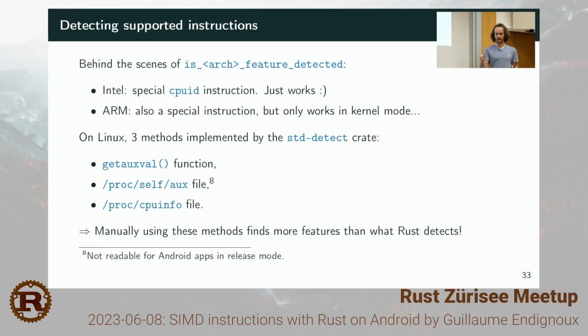Either you call a special function or you read some files from the special proc file system on Linux. So I tried to implement these functions directly myself, and it turns out that calling these methods on my device detected more features than what Rust detected. So it seems that this macro is a bit broken.